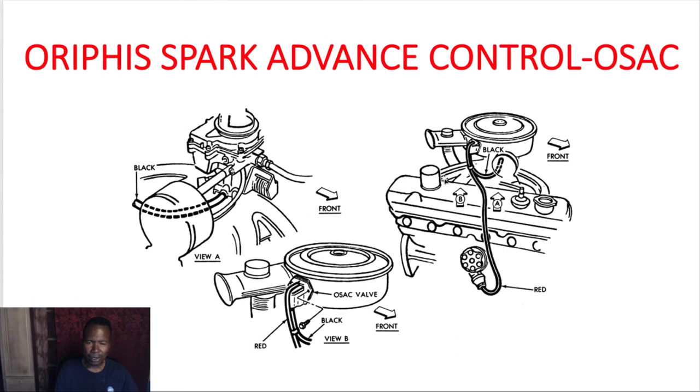It's on the side of the thermostatic air cleaner. One line comes from the throttle body or carburetor, in this case the carburetor. The vacuum goes in, then it's delayed, then it sends out to the vacuum advance. That's old school spark control.